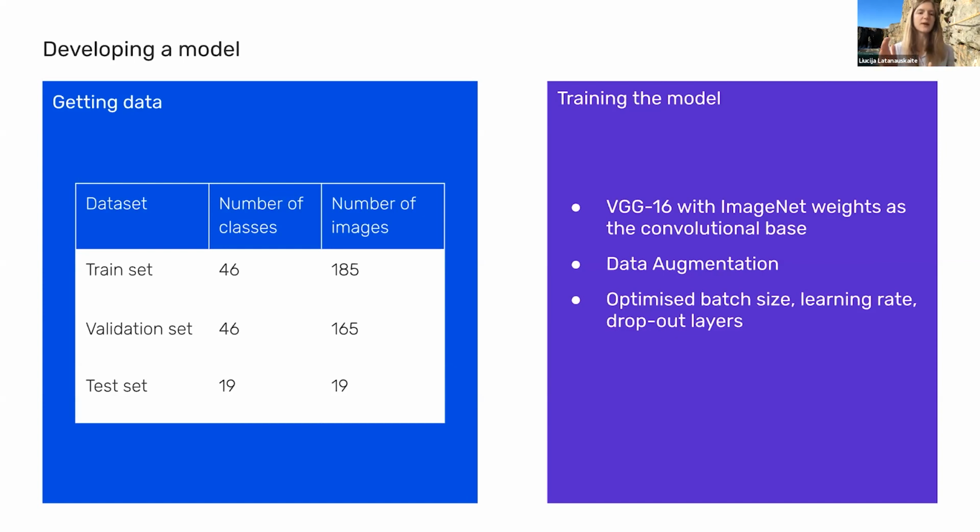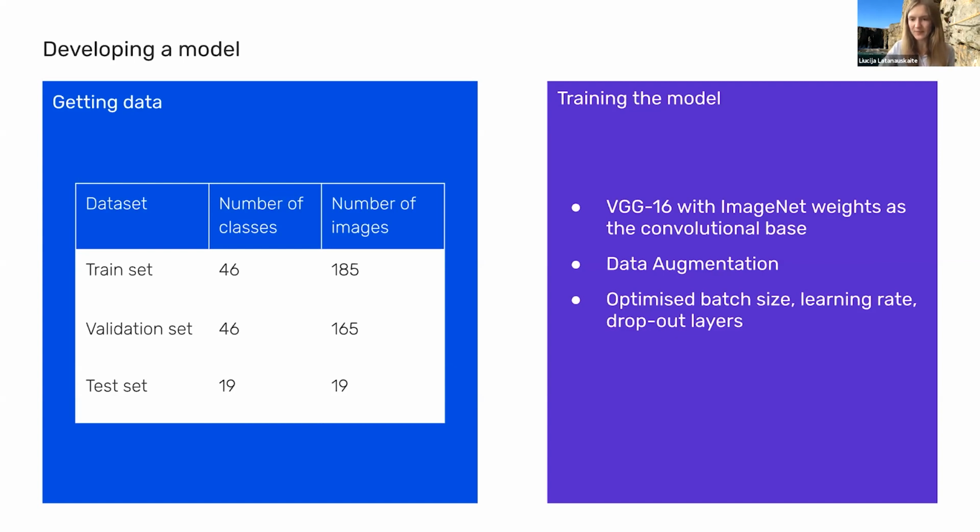And I also optimize some hyperparameters of the model, so kind of the standard process of training a model. The point here is that I'm not really an expert of this. I didn't go crazy with how many things I optimized in order to come up with this model, and I was still able to get pretty good results.